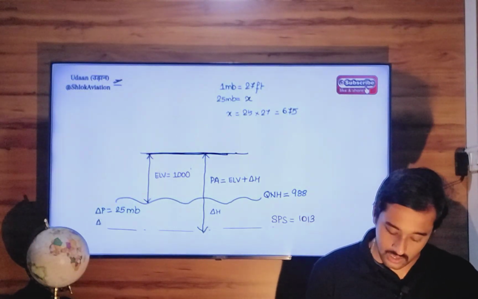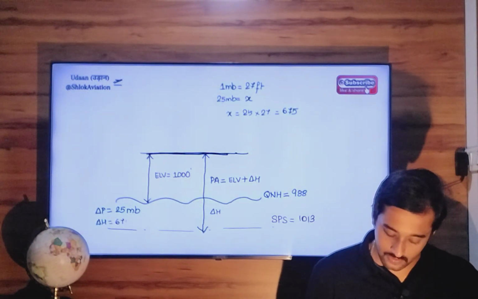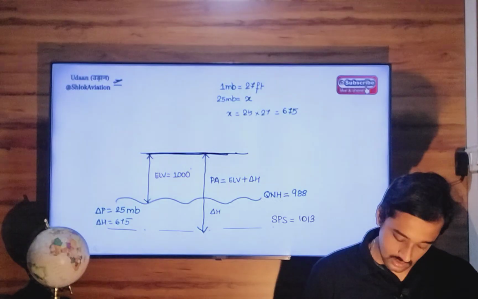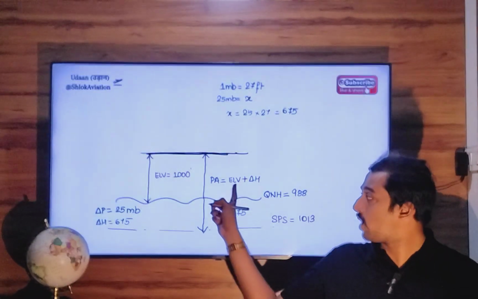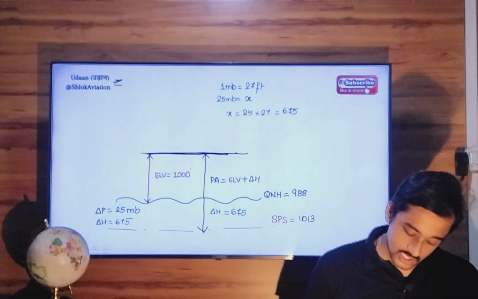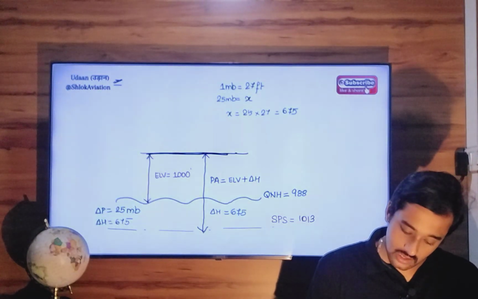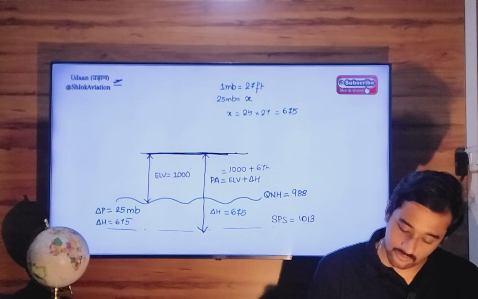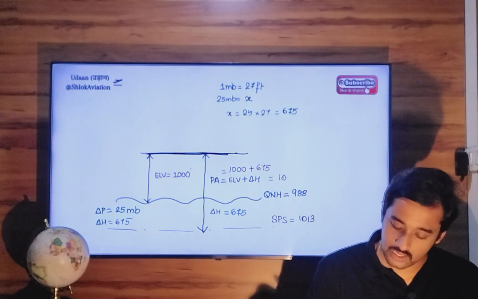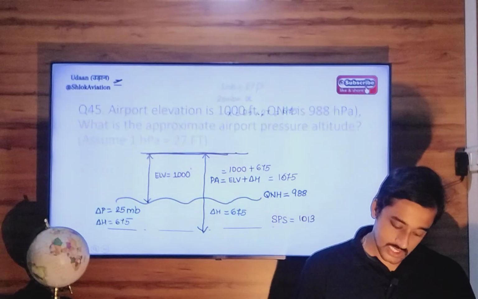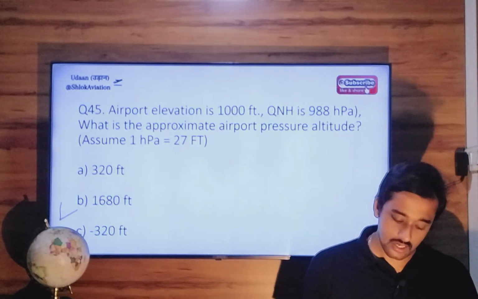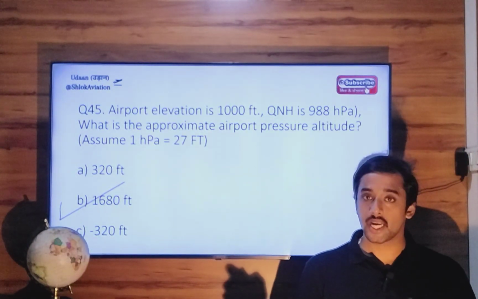So height difference will be 675. Correct? So now pressure altitude will be how much? It will be elevation plus 675, that is 1675, or approximately 1680 feet.